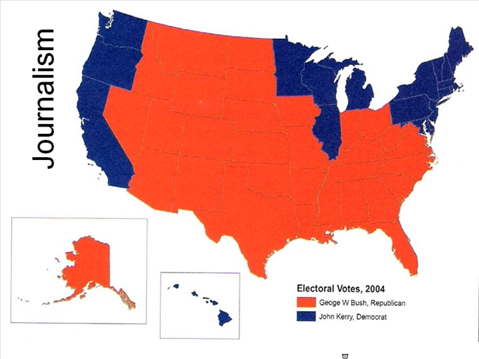Basically, maps like this can give the impression that there is a landslide, but in fact it's people who vote, not land, and so the huge areas of red there don't necessarily imply a landslide, they just show the electoral votes.